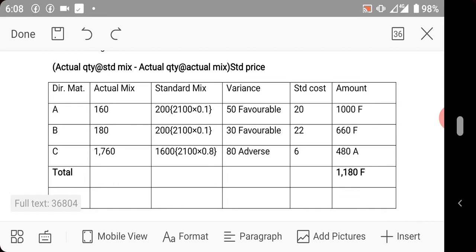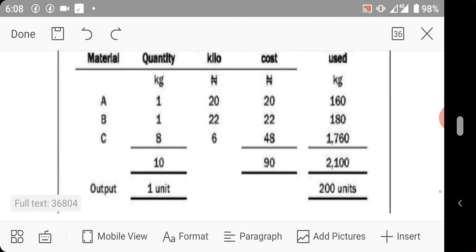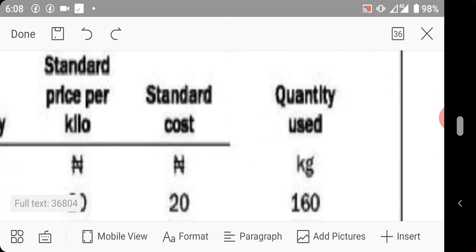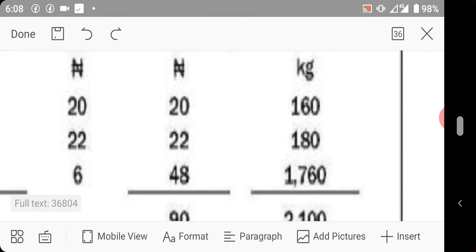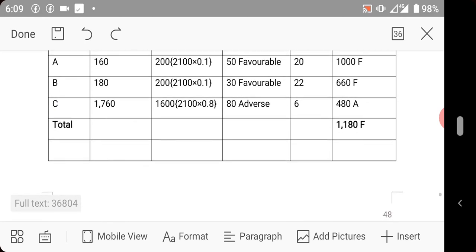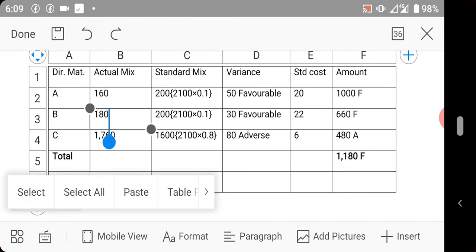The actual mix is this: 160, 180, 1760. Look at it. Actual quantity used: 160, 180, 1760. So we'll now come back. That is why it was represented here.